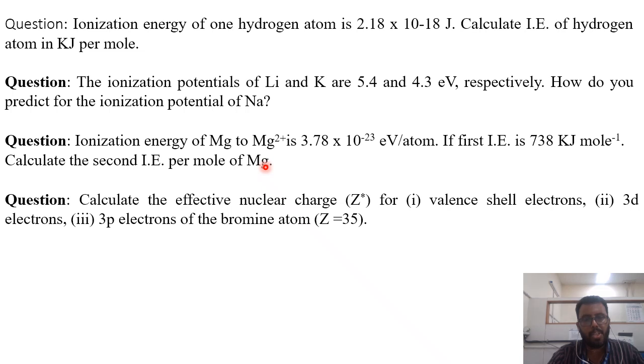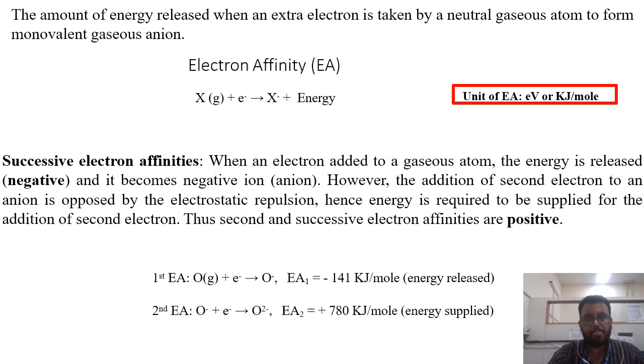Second ionization energy you have to calculate for magnesium, like that. So these are some of the numerics. The other type would be you have to calculate the effective nuclear charge Z star for valence electron, 3d electron, 3p. This you have to apply, the latest thing that we have also discussed already in part one.